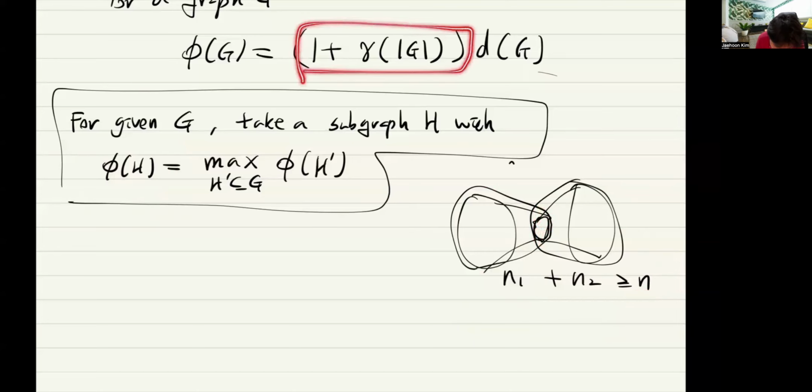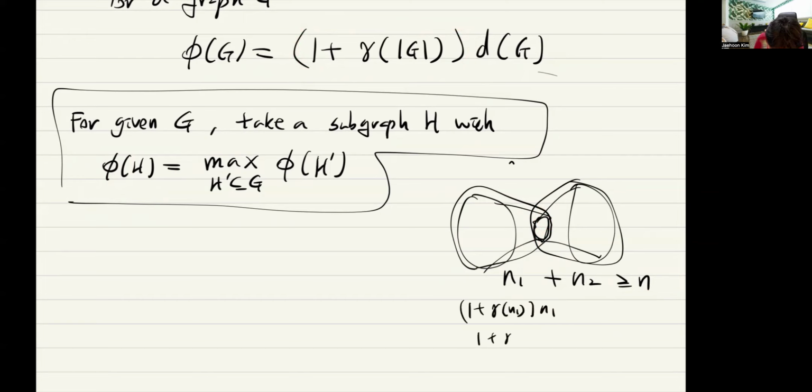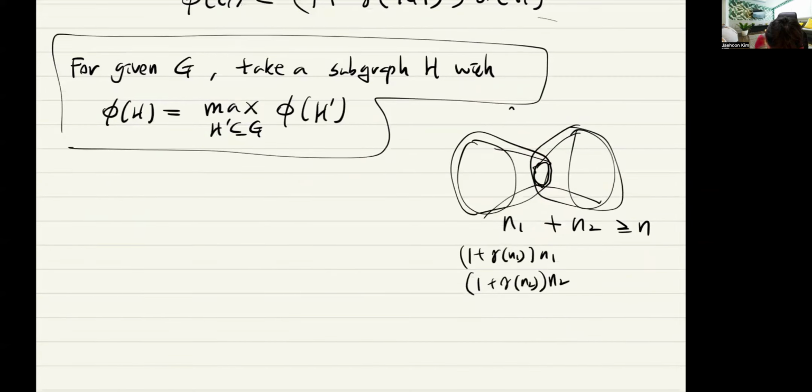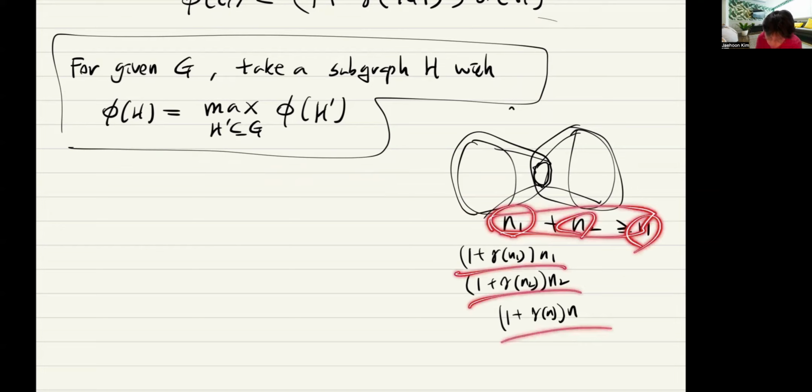But now you multiply that, then what? (1 plus gamma n1) times n1, (1 plus gamma n2) times n2, and (1 plus gamma n) times n. So these were like a linear function, but this is no longer linear.